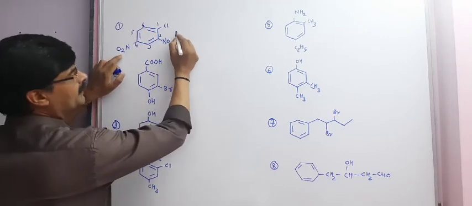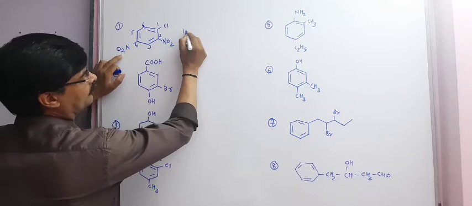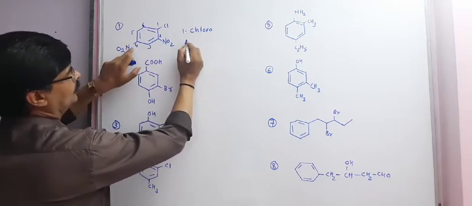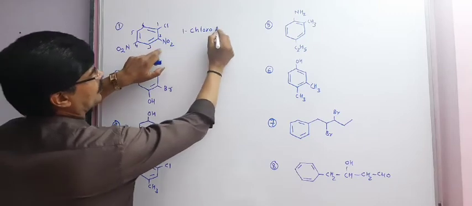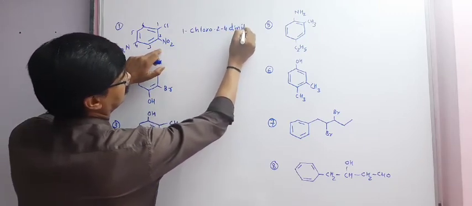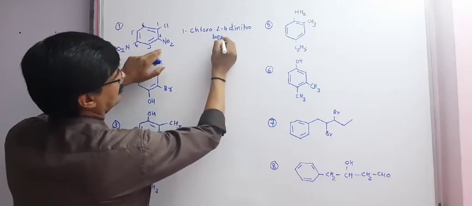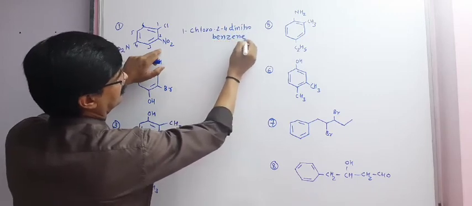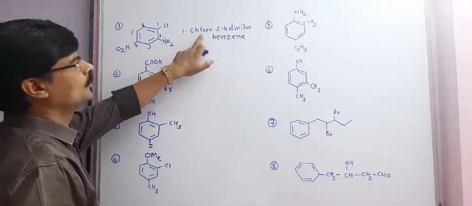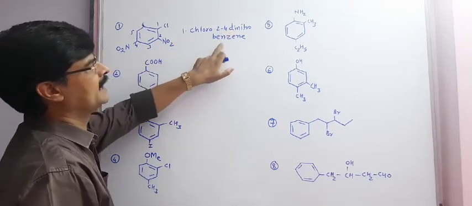So the IUPAC name of this compound will be 1-chloro 2,4-dinitrobenzene. Once more, the name of the first compound will be 1-chloro 2,4-dinitrobenzene.